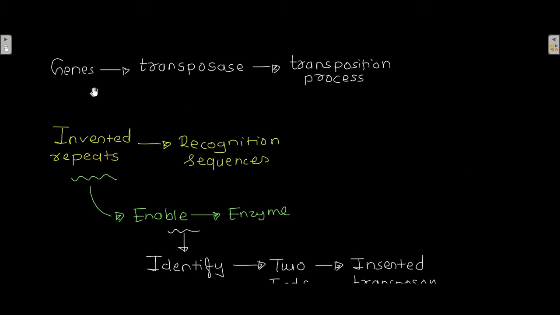The genes present in the P element code for transposase, an enzyme which catalyzes the transposition process.